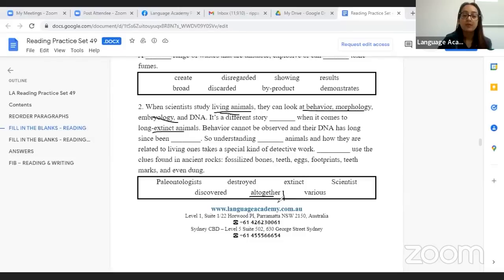Apart from ly, what are the other adverbs that we have done? We have done well. We have done soon. Who else remembers often? Very good. Any other adverb that we have done?